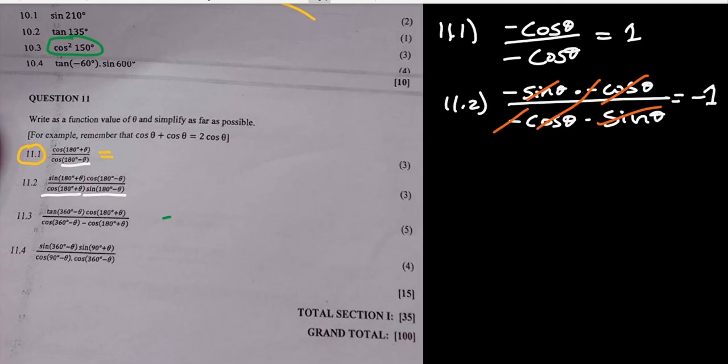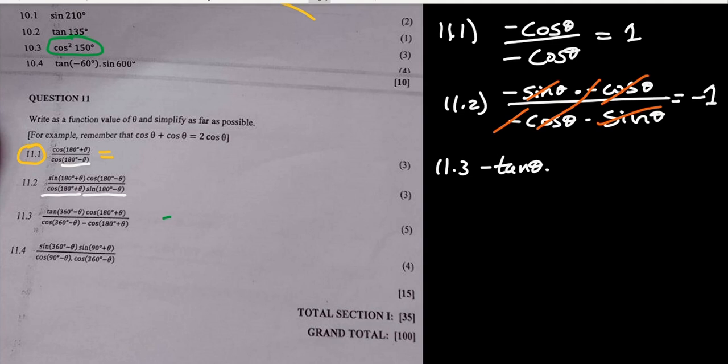And then 11.3. 360 minus, this is going to be quadrant number 4. On quadrant number 4, the tangent is negative. Okay. And then cos 180 plus, this is quadrant number 3.